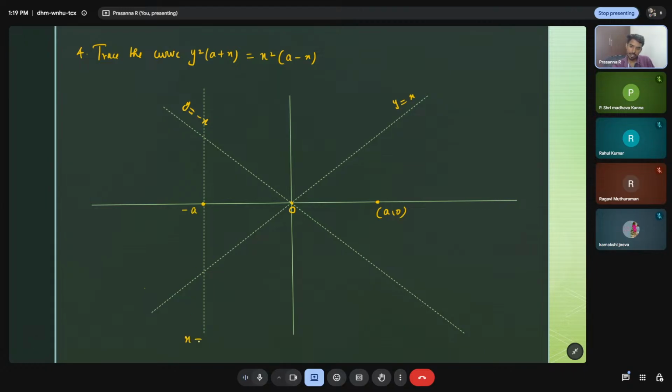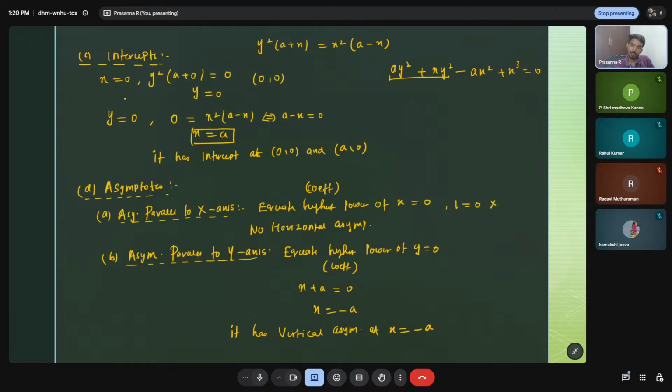This x is equal to minus a is another asymptote. Now we will do domain analysis. We will do domain analysis.